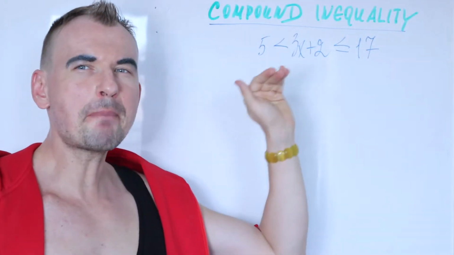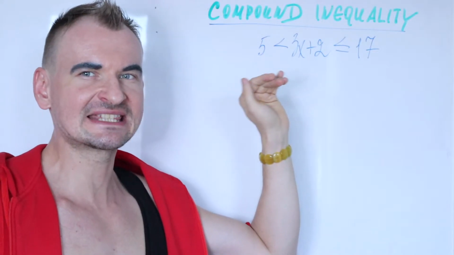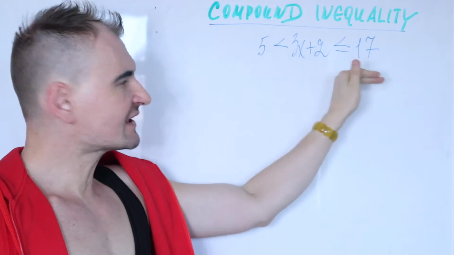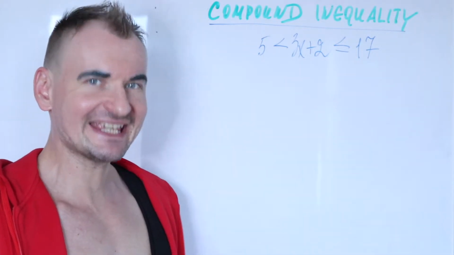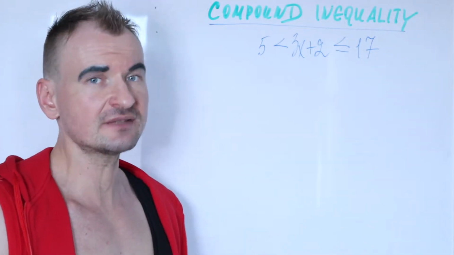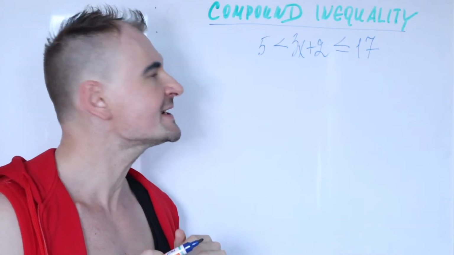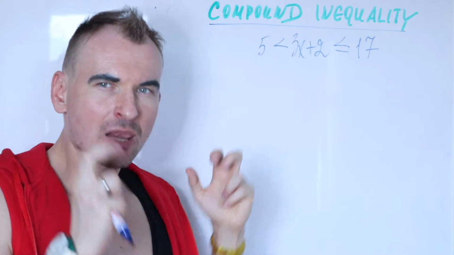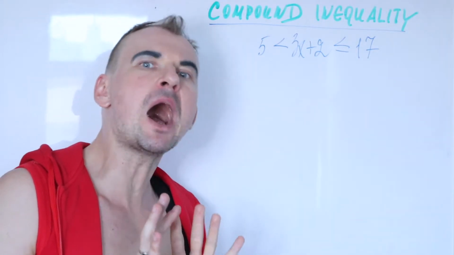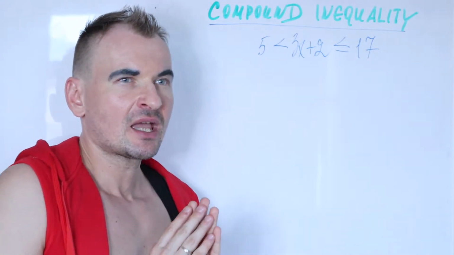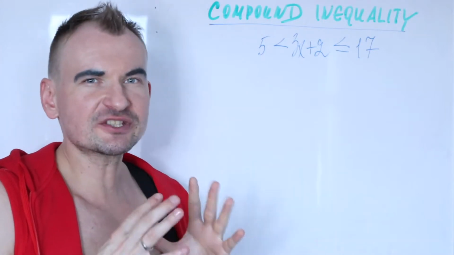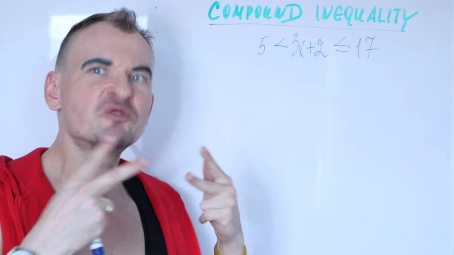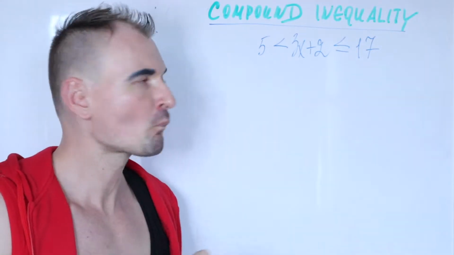Alright, compound inequality. Let's dive into this. It looks like this. It is a linear inequality, but it's kind of double, it's called a compound inequality. Why? Because it actually consists of two inequalities, like 2 in 1.